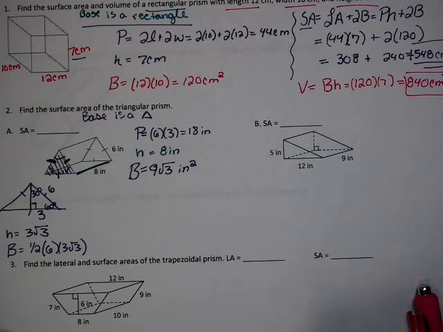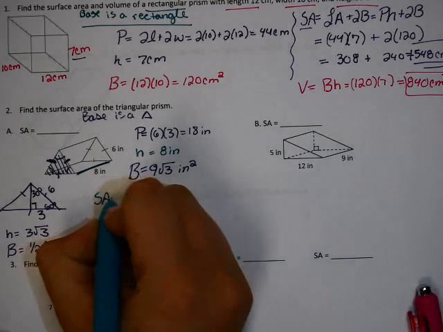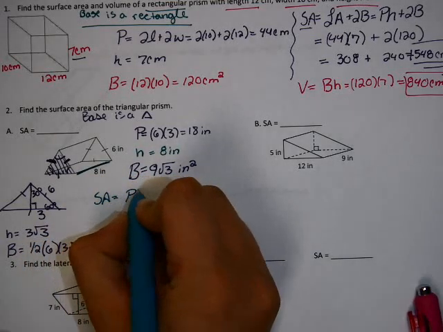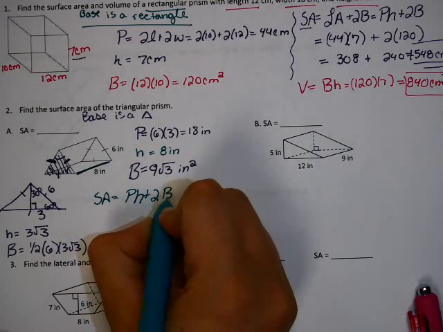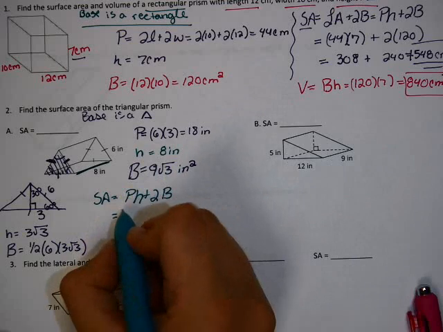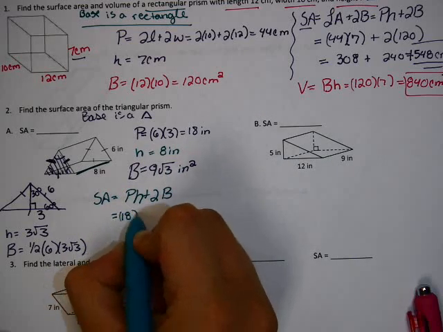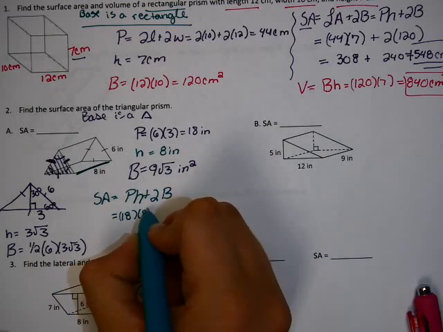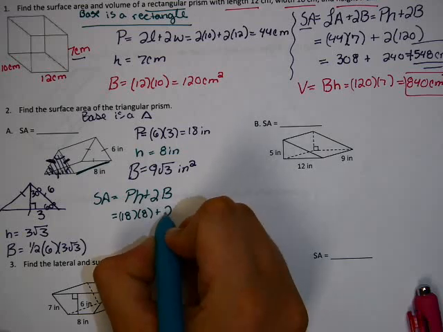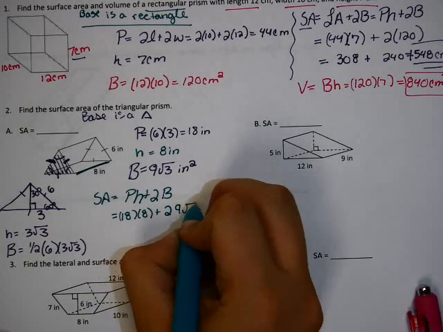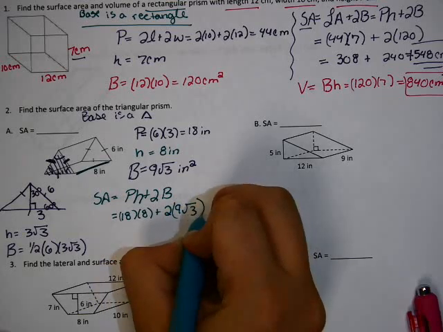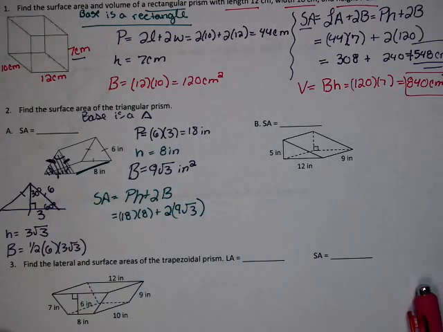All right, so since it's asking for surface area, which is the perimeter times the height plus 2 times the area of the base, we take 18 times 8 plus 2 times area of the base, which is 9 square roots of 3. And let's go ahead and leave this one in exact form.